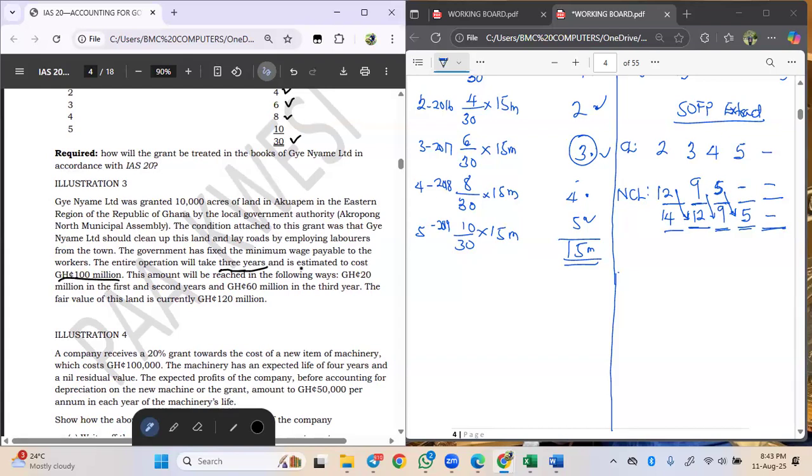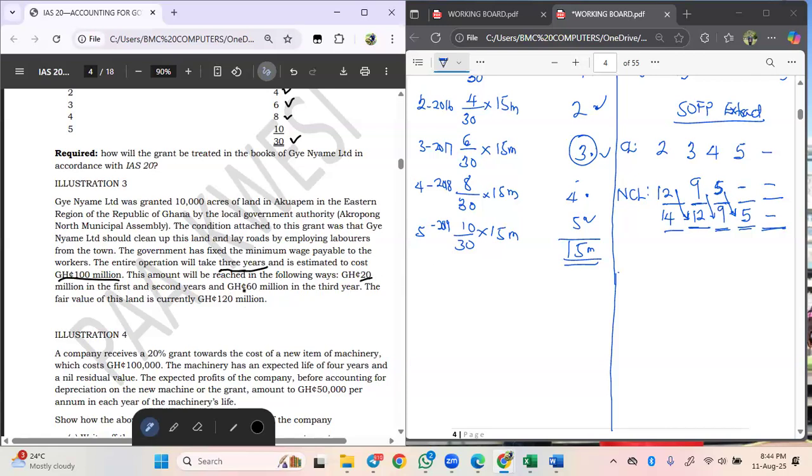Now this is how they are going to spend this 100 million in the next 3 years. In the first year, they are going to spend 20 million. Second year, they are going to spend 20 million.